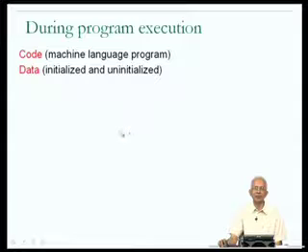In addition to this, the a.out also contains data. It could be data which has initial values, or it could be data which did not initially have values, but the values of those pieces of data were assigned by the different statements of my program. So when my program executes, the code and the data must both be available in order for the program to proceed.